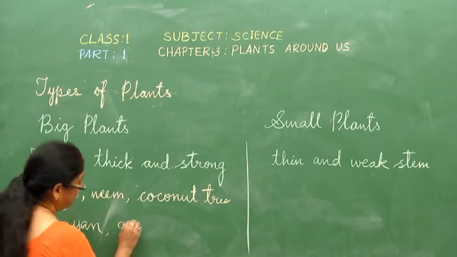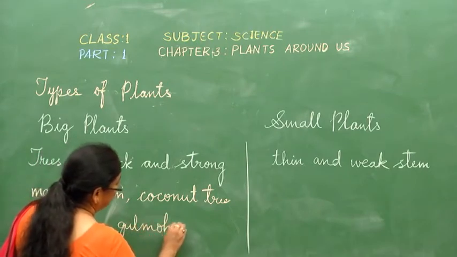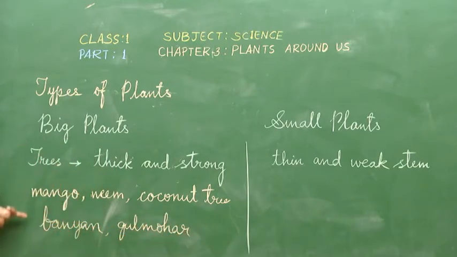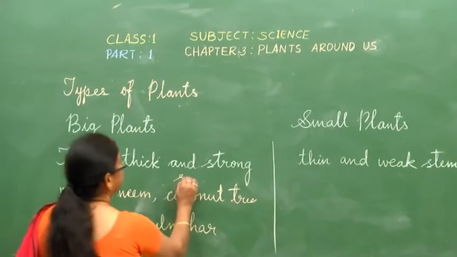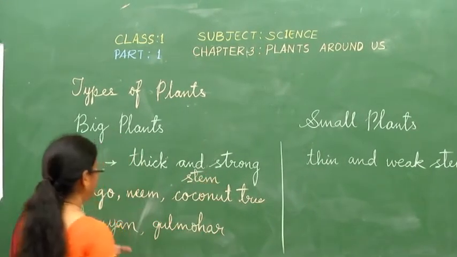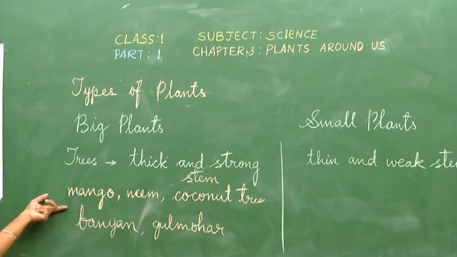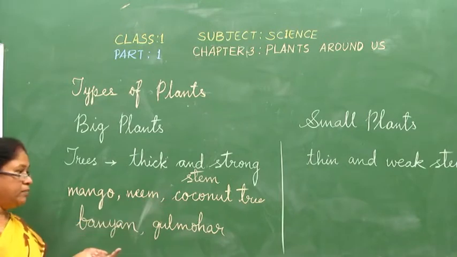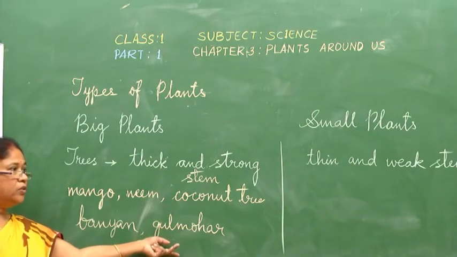Yes, gulmohar. These are the big plants. Trees have thick and strong stems. Some of the examples are mango, neem, coconut tree, banyan tree and gulmohar.